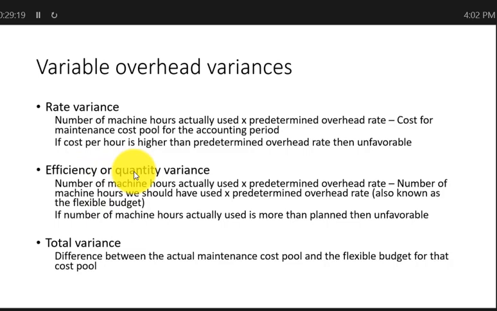The efficiency or quantity variance, just like with labor, is the number of machine hours actually used times the predetermined overhead rate, minus the number of machine hours we should have used times the predetermined overhead rate. So we're comparing the machine hours used to what we should have used. Now remember, we were supposed to use 2 hours per product for our machine hours.